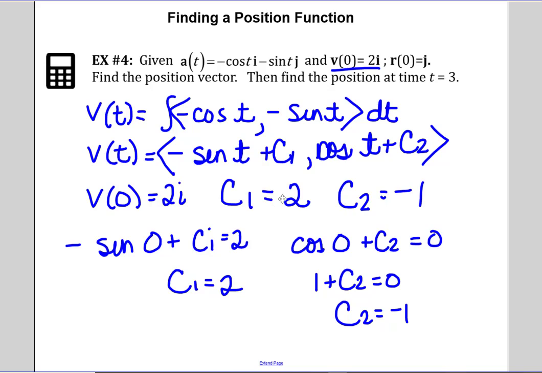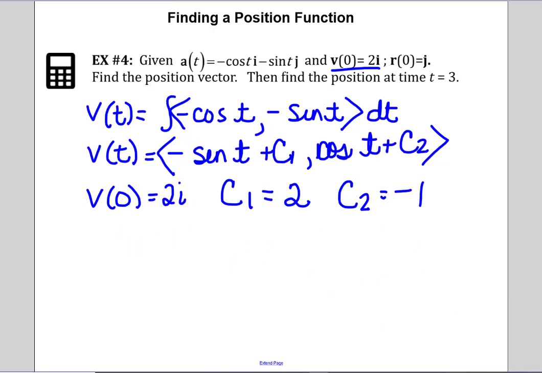The way I figured that out was I took this term, negative sine t plus c sub 1 has to be 2i. So I know that our j term has to be 0. So this is our j term. And cosine of 0 plus c sub 2 has to be our 0 term for velocity to be 2i, comma 0. So that's where we got c sub 1 is 2, and c sub 2 is -1. We don't need that work, just to show you where that came from.